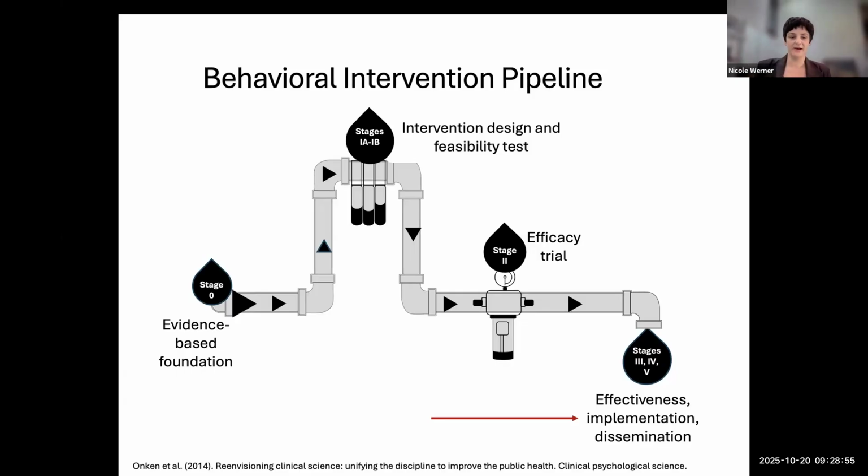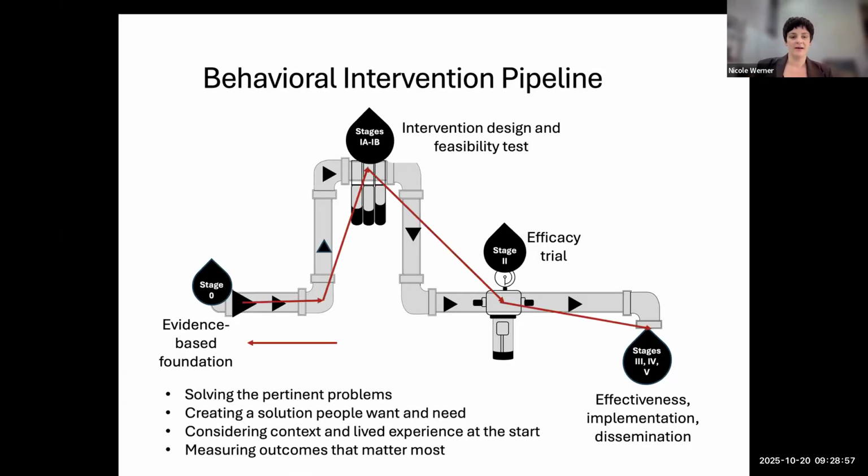But when we're thinking about co-design, I think we really need to start at the source, at stage 0, when we're creating the evidence-based foundation. That's where we decide what problems need to be solved and what research questions need to be asked.